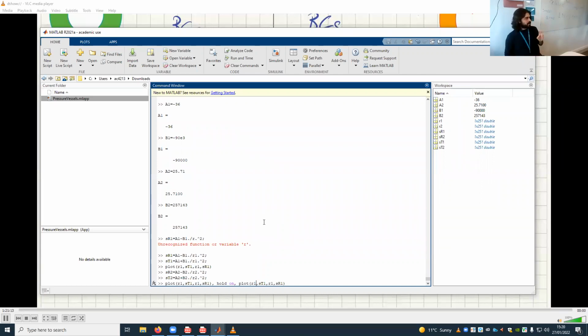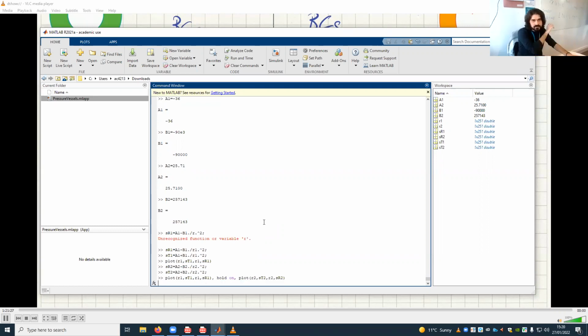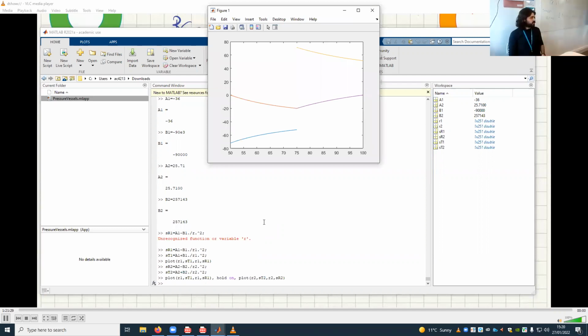In this way, I'm retaining the same color for sigma theta and the same color for sigma R. So this is R2, sigma theta 2, R2, sigma R2, and there you go. And no, it changed the colors anyway. Okay, so no, it's fine.